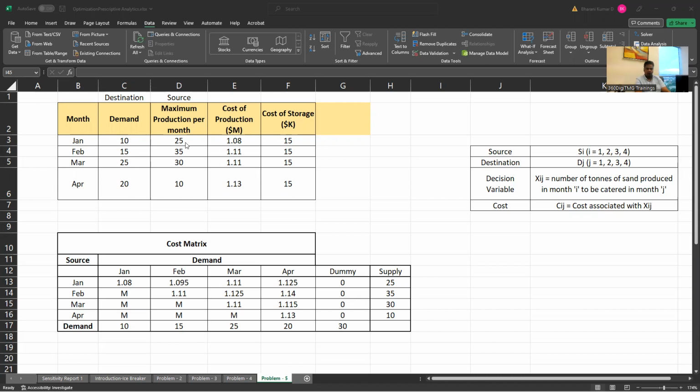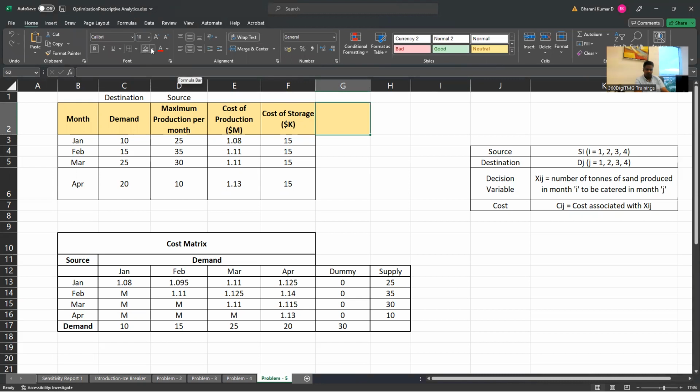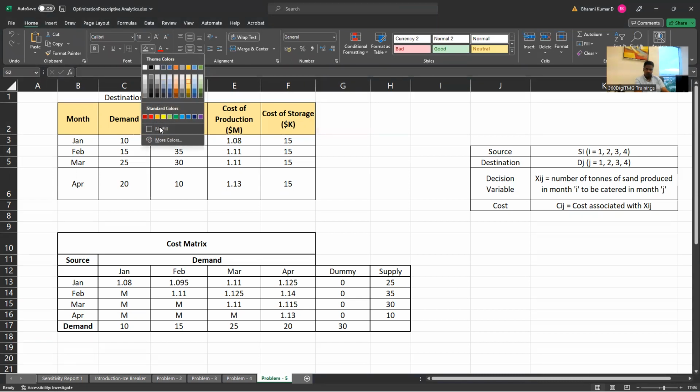And the maximum production for that particular month is 25 tons of sand. And the cost of producing 1 ton of sand is, say, 1.08 millions of dollars. And if you're going to produce anything extra, you obviously need to store it in the inventory, and the inventory cost, say, is $15,000.